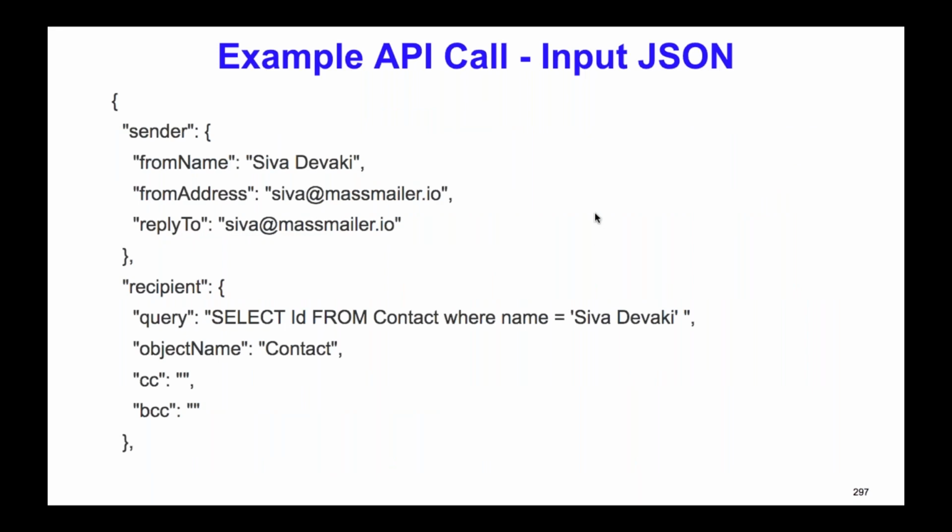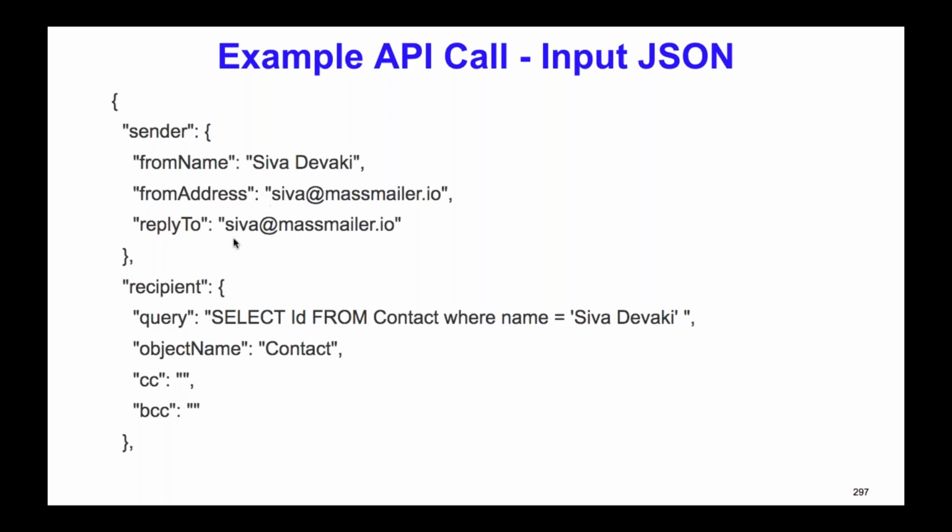Here, given a sample JSON input, we'll take a look at the overall API call. You can see the sender information, in which we mention the name, from address and the reply to.